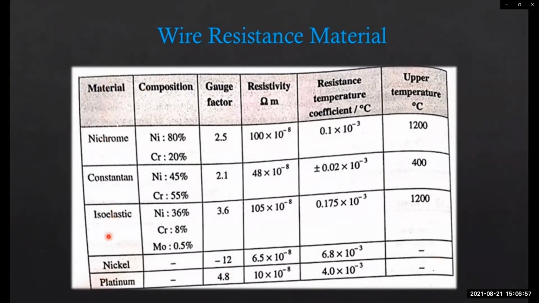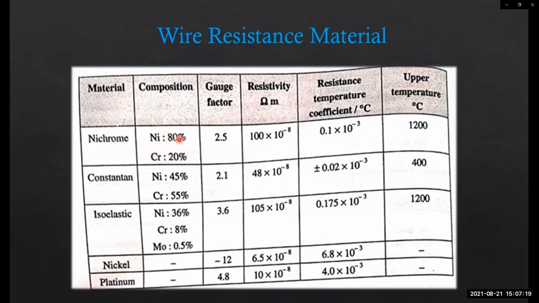Over here, material nichrome, so Ni 80% and Cr 20%, and over here we can see the gauge factor. Ni is nickel and Cr indicates chromium, and the atomic number of nickel is 28 and the atomic number of chromium is 24.